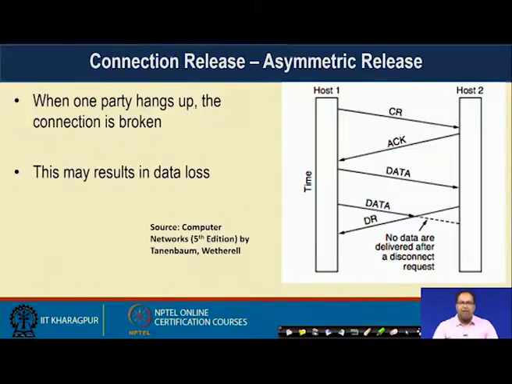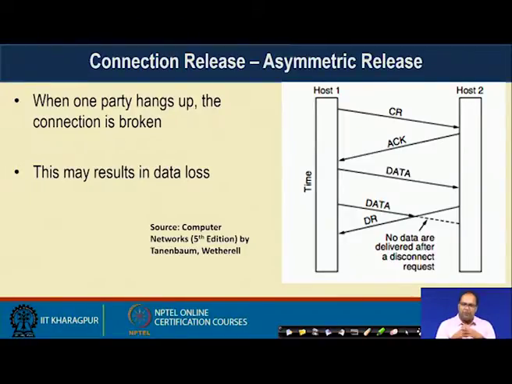So, just to give you a summary of the entire procedure, the connection requesting: because packets can get dropped in a packet switching network, there can be arbitrary delay in transferring the packet, and there can be loss. Because of this, there is always a possibility of having a delayed duplicate.